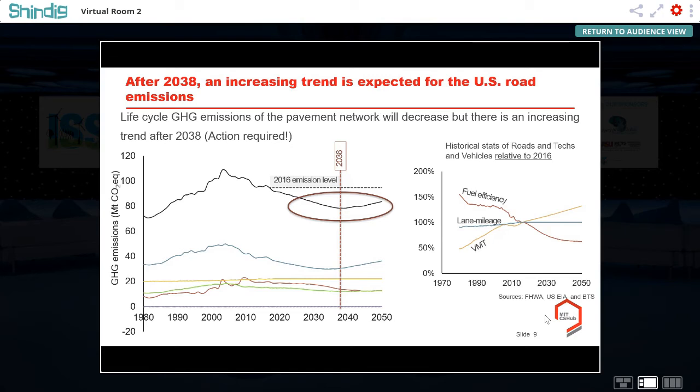Therefore, the increase in the traffic volume will dominate the environmental impact rather than the offset that we get from the fuel efficiency. Therefore, we have to take action to avoid this increase in the life cycle GHG emissions of the pavements. And it should be done faster because the payback for asphalt and concrete is quite longer than for other types of infrastructure and industries.